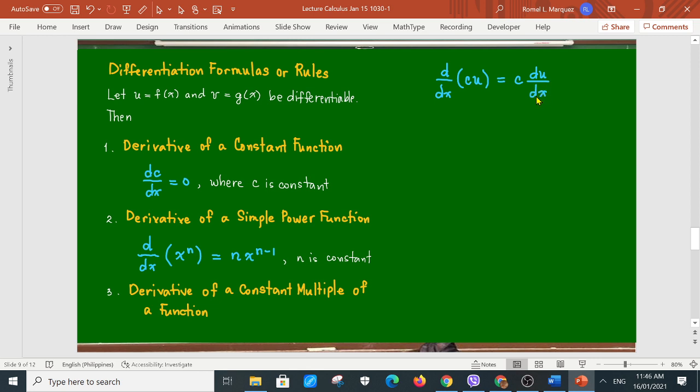Meaning, I can just put the c out and multiply it to the derivative of u, whatever that is. So here, c is constant.